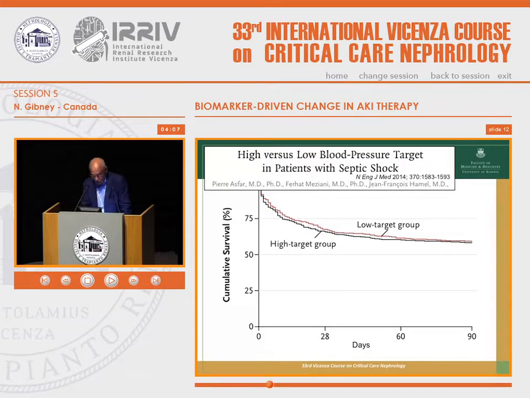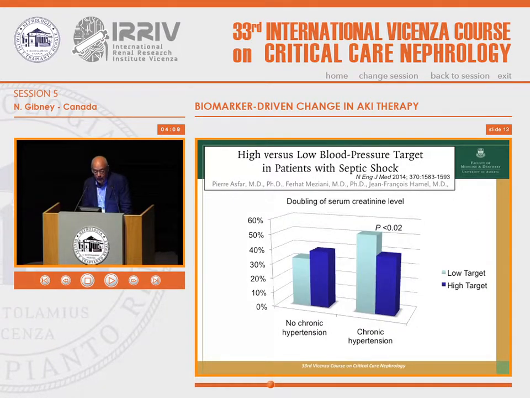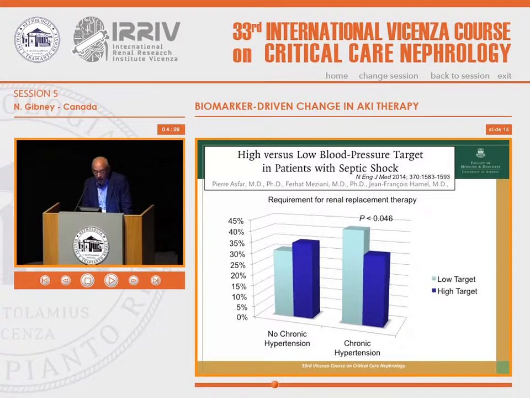Now, in the entire group, they found no difference. However, if you look at those patients that had chronic hypertension versus those that did not, the patients who previously had chronic hypertension and were randomized to that low blood pressure group had a significant increase in their serum creatinine, and in addition, had a much greater requirement for renal replacement therapy.